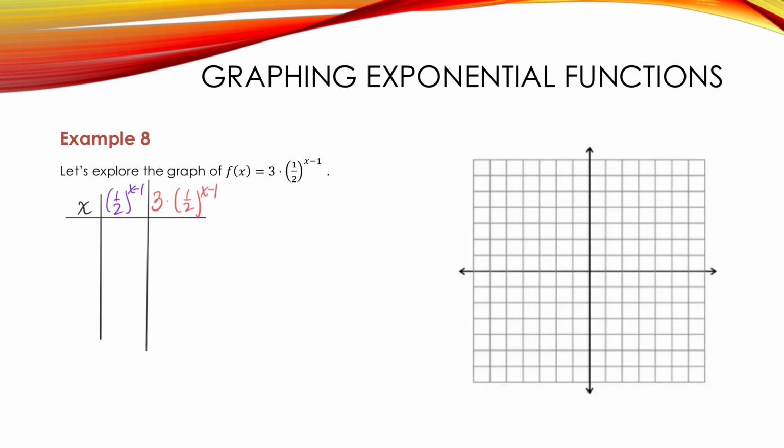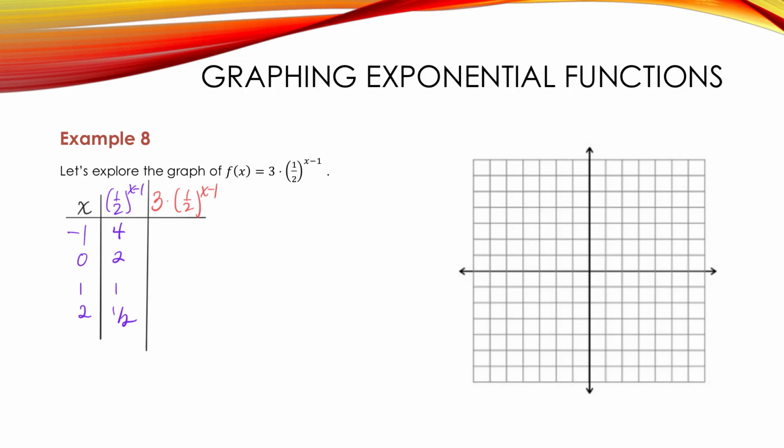So when we started before, we had -1, 0, 1, and 2. And our values were -1 was 1/2 to the -2 was 4, 0 was 2, 1 was 1, and 2 was 1/2.